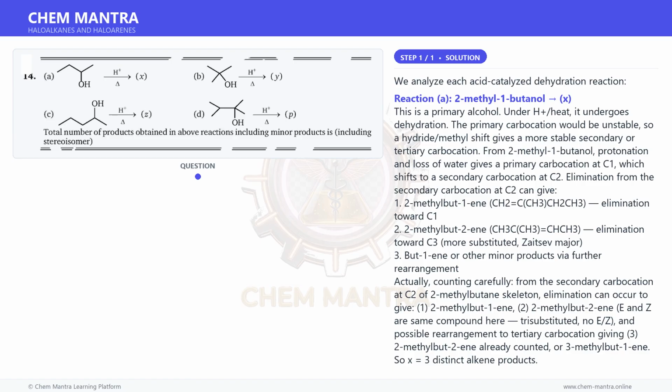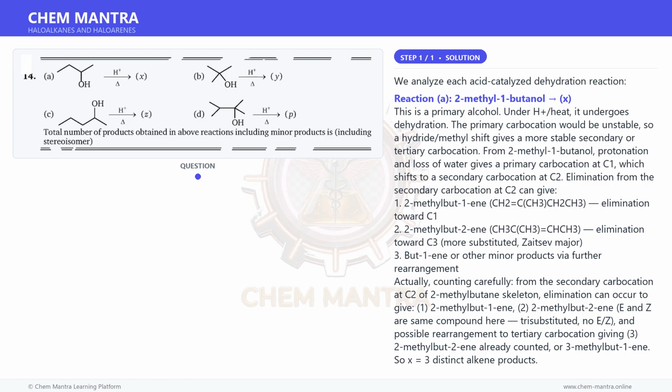Reaction D: 2,3-dimethylbutan-2-ol, P. Tertiary alcohol. Carbocation at C2, (CH3)2C+CH(CH3)2. Elimination toward C1 gives 2,3-dimethylbut-1-ene. Elimination toward C3 gives 2,3-dimethylbut-2-ene.